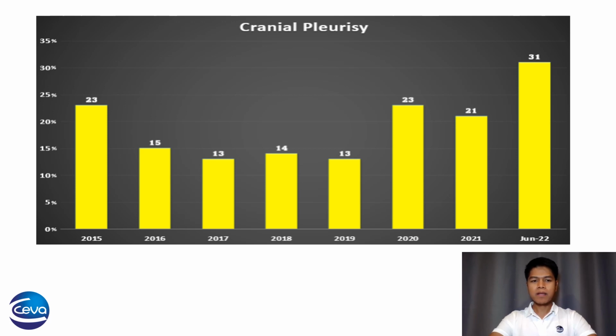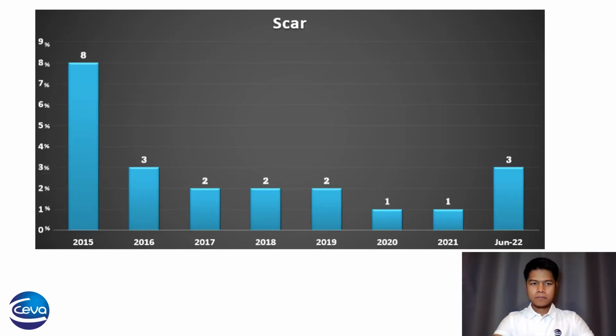This means that Mycoplasma, along with other viral and bacterial diseases, increases from 2020 onwards. For the scar scores, there is no significant difference of scar lesions from 2016 to June of 2022. This means that there is no early infection of Mycoplasma in the early stage of pigs.